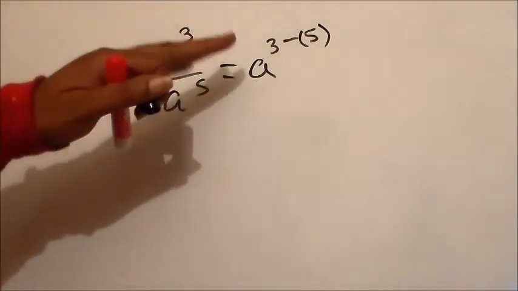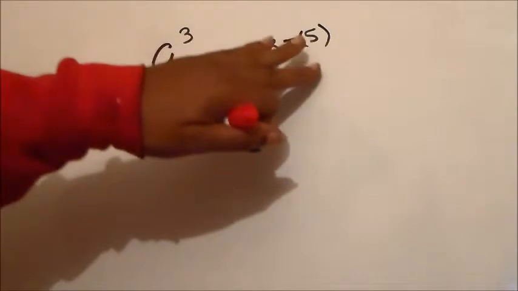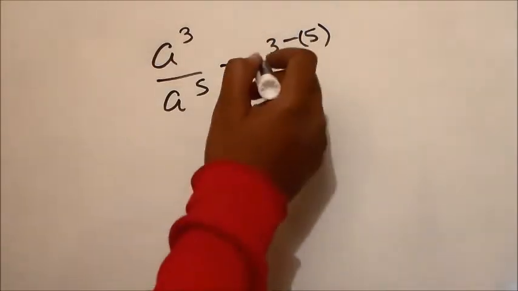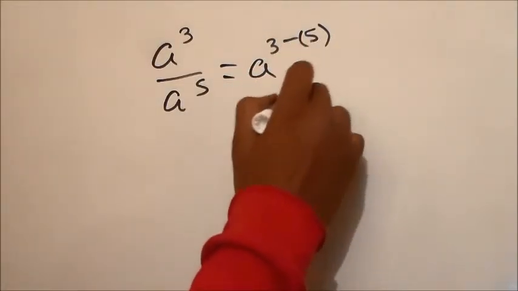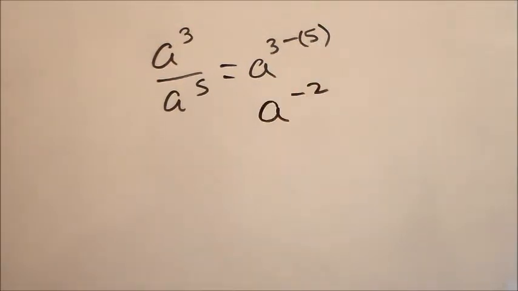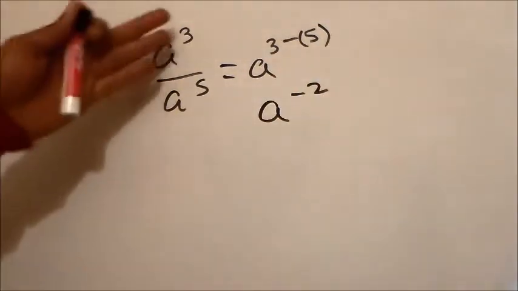Now the negative is going to distribute into the parentheses, and we're going to get a to the negative 2 just by doing the work.